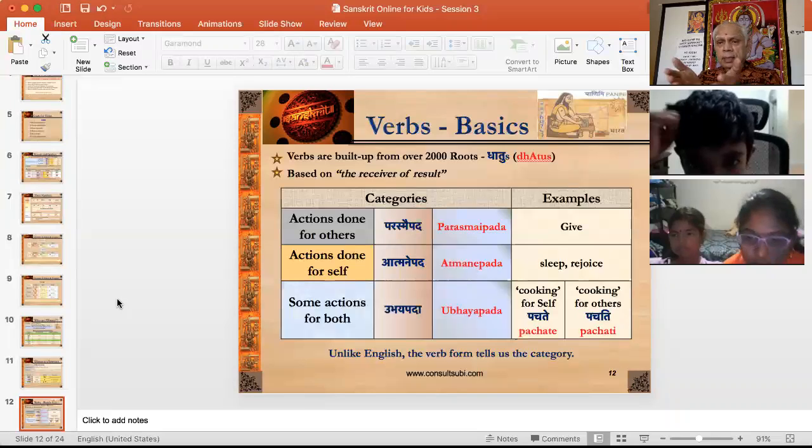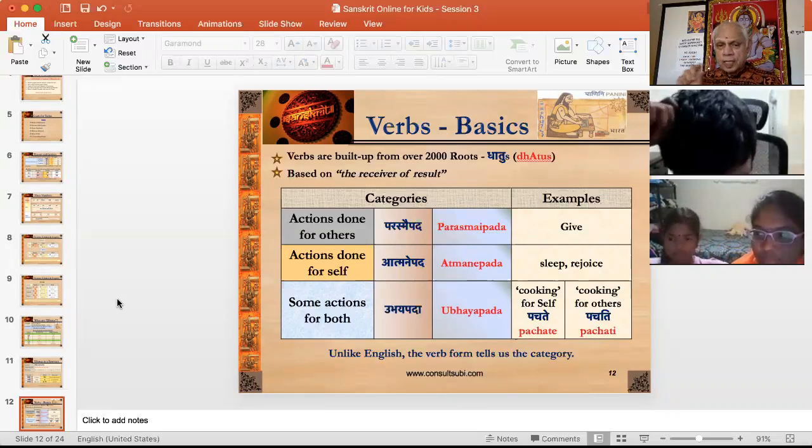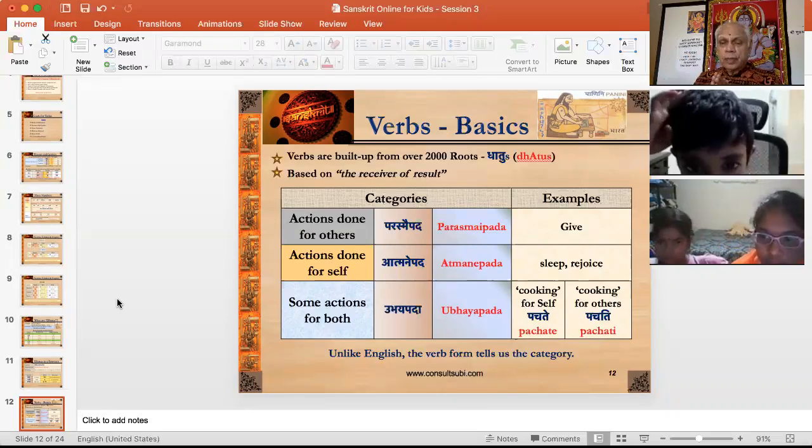It is an action for you. I give you a gift. It is an action done for others. Not for myself, I'm giving it to you. So when you use the verb give there, it becomes parasmaipada because the receiver is getting it, I'm giving it to others.